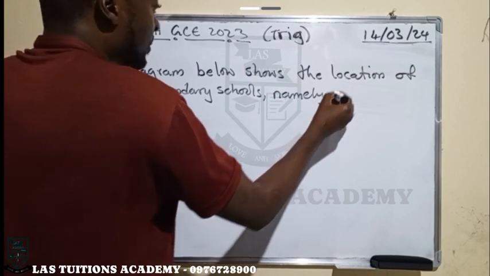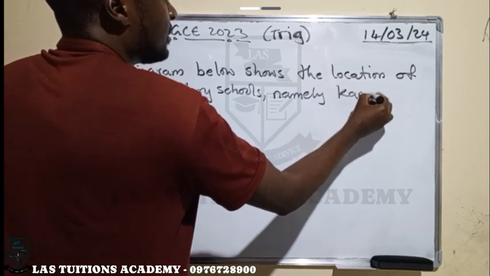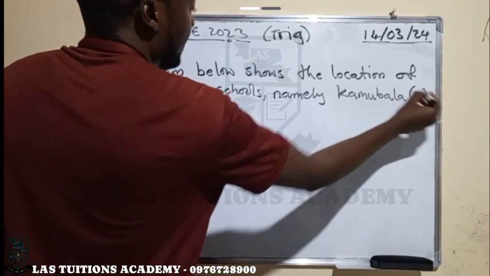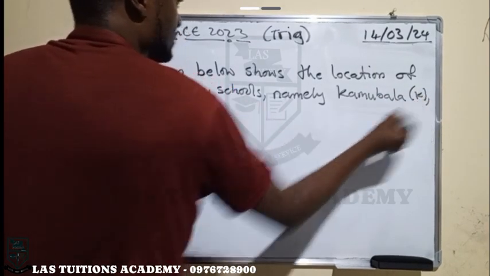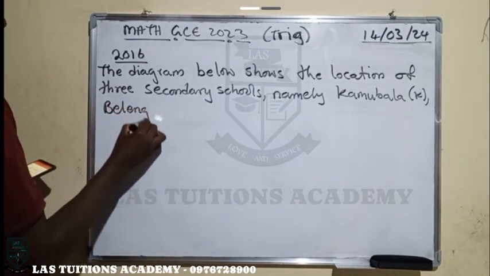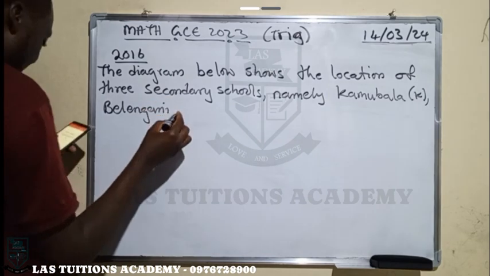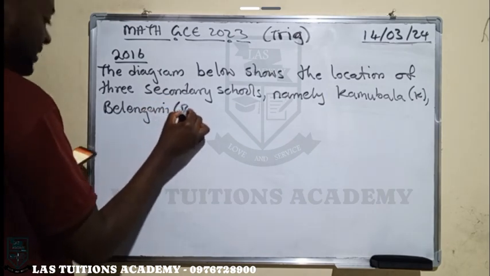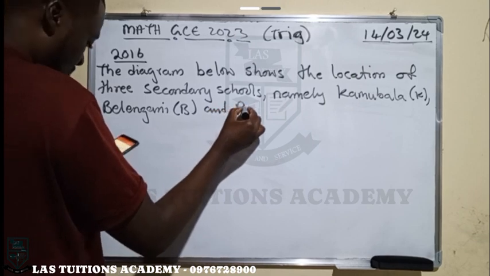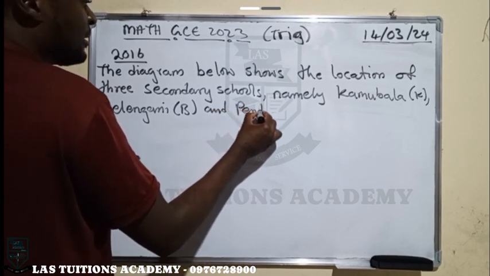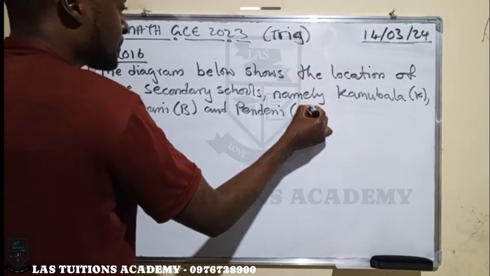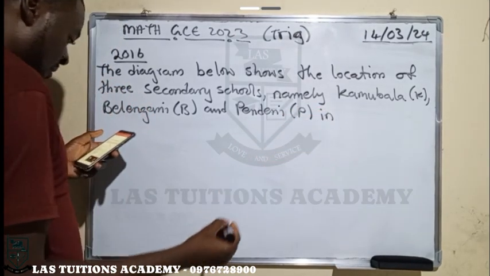Kamuvala, symbolized by K, Velengani, symbolized by V, and Pendeni, symbolized by P, in a district.